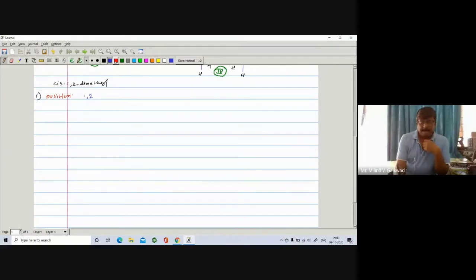Then the second is geometrical isomerism. In geometrical isomerism, we have to check whether they are on the same side or not.